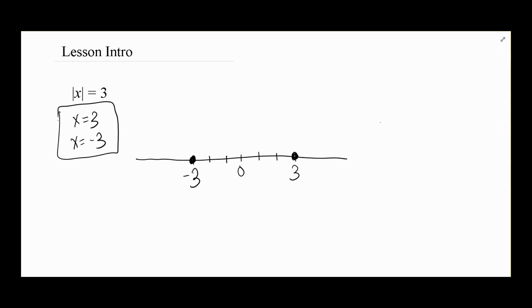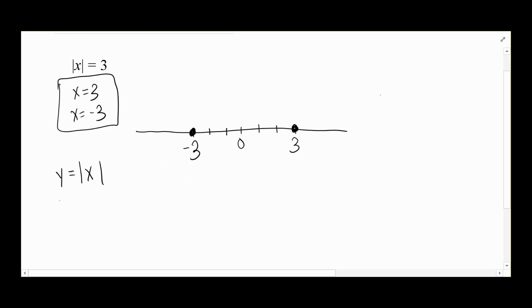Now, we can also visually see why this is going to happen if we think about this graphically. We could say y equals the absolute value of x and y equals 3 are two separate equations. And where those two equations touch is where the absolute value of x and 3 would be equal to each other.